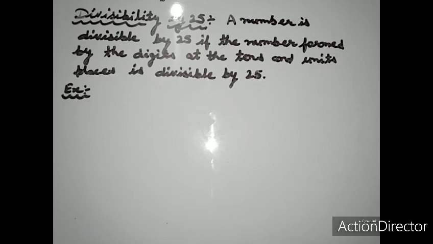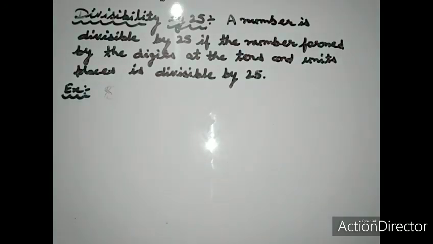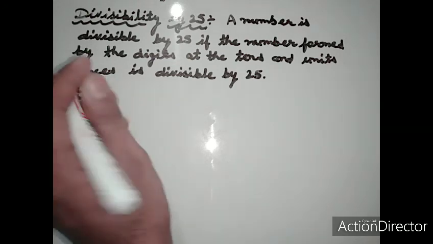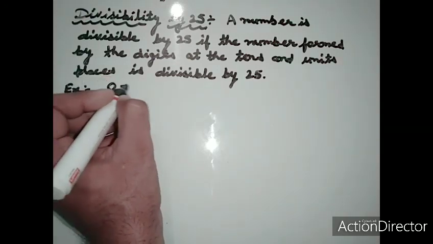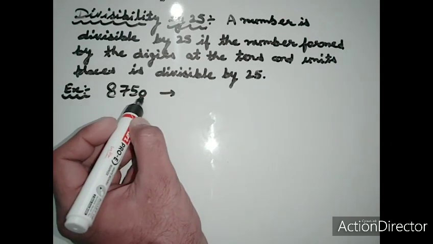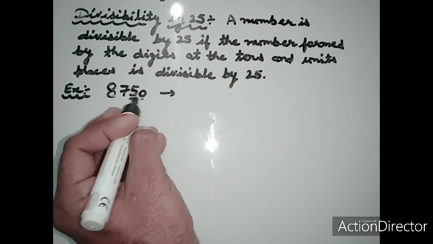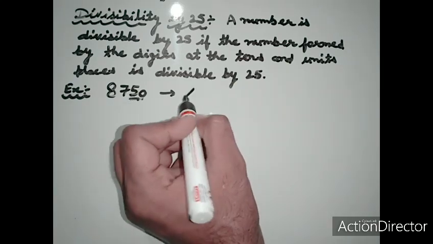Here we take one example. So now here we take the number 8,750. So here the digits in ones and tens place are 0 and 5, and the number formed is 50, and 50 is divisible by 25.